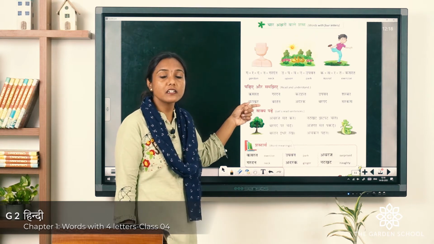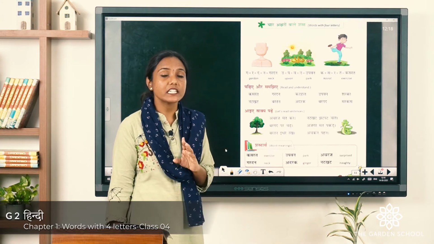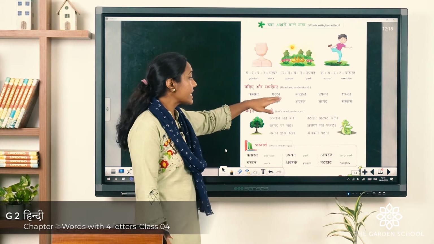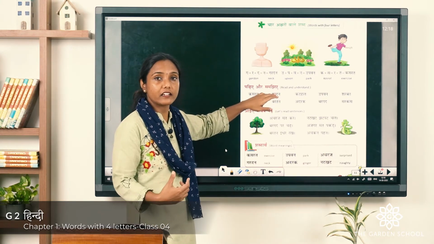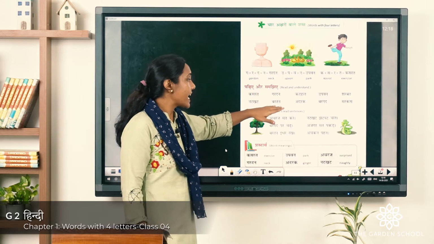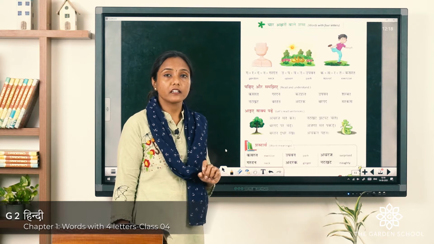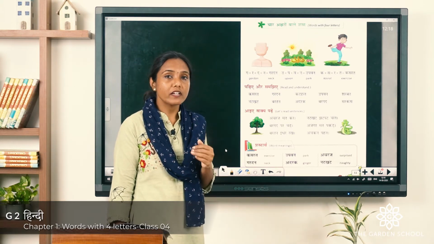How do we pronounce it? Natkhat. So what do we say natkhat in English? Naughty. Next is gardan. We learned, right? Gardan means neck. Next is bartan. How do we pronounce? Bartan. That means vessel.